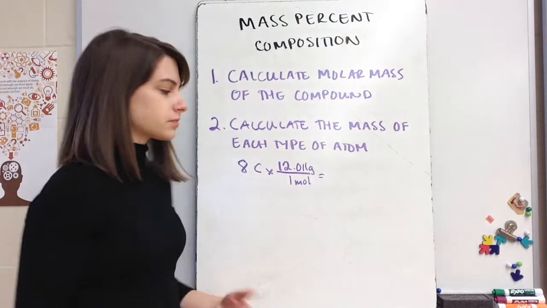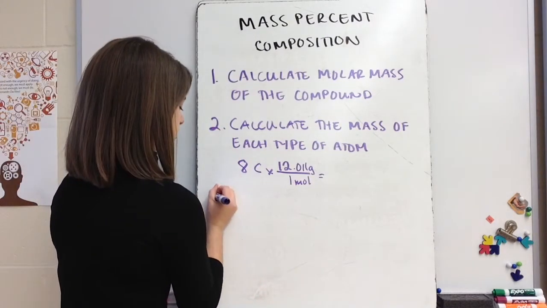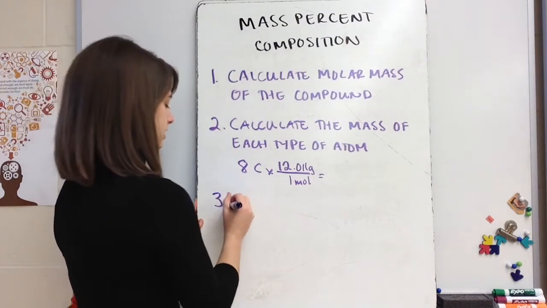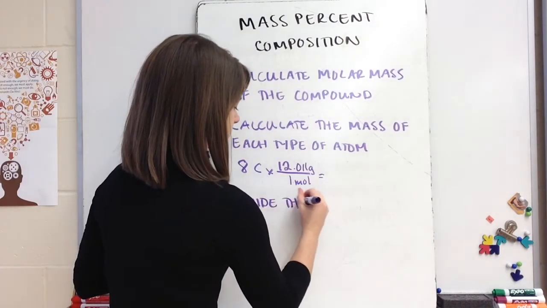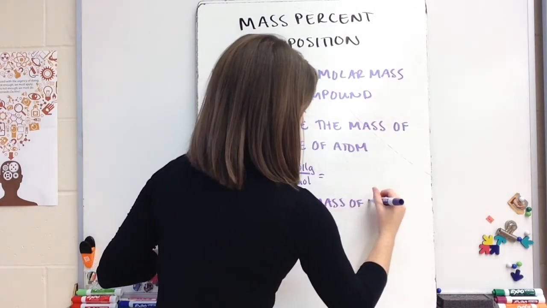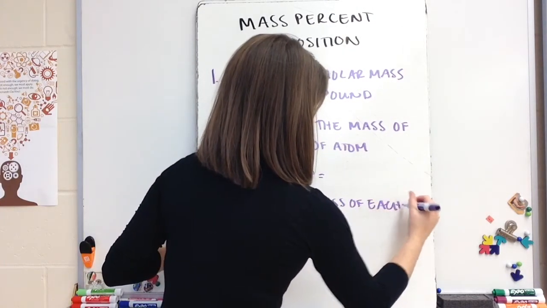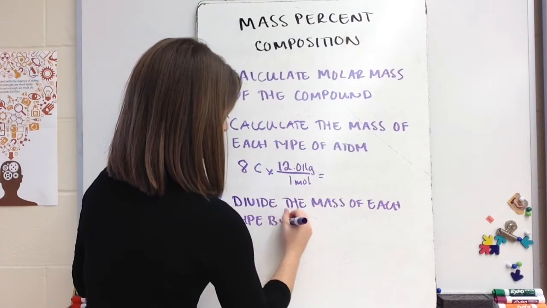So after we calculate the mass of each type of atom, we just need to divide the mass of each type by the molar mass.